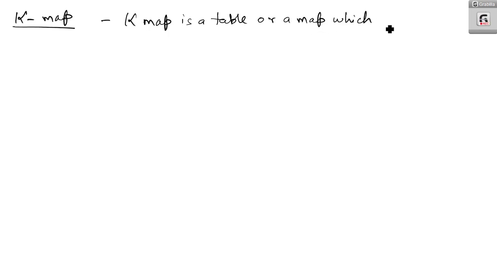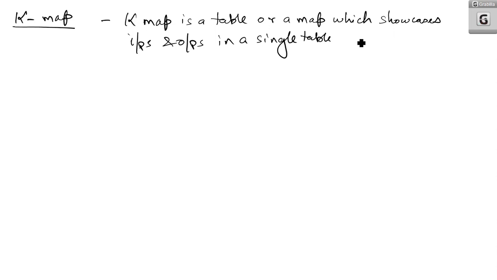To explain, a Karnaugh map is a table or a map which showcases inputs and outputs in a single table or map.